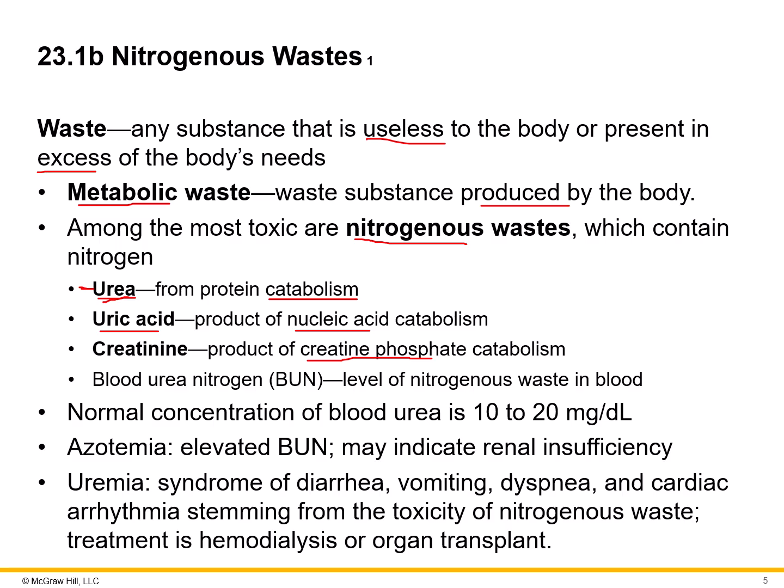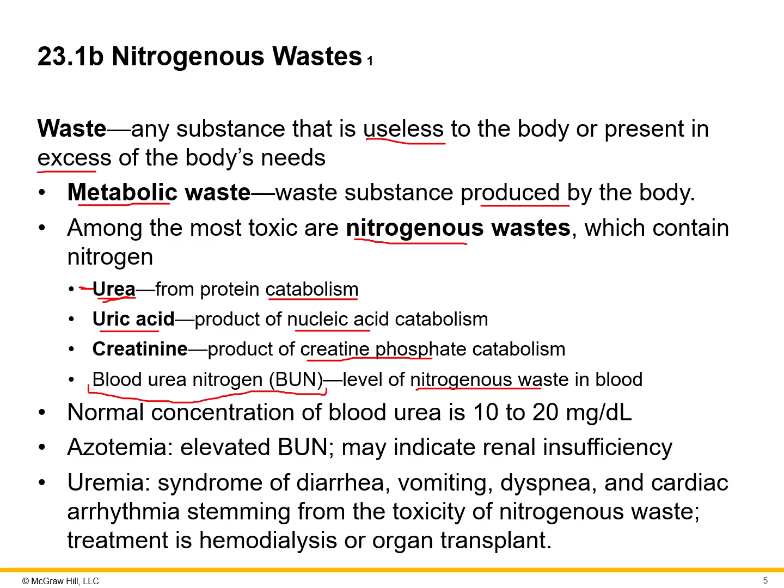Now, blood urea nitrogen level. Okay, this is something that we can measure, okay, BUN. This measurement is essentially how much nitrogenous wastes do you have in your blood. This can be an indicator of kidney function.